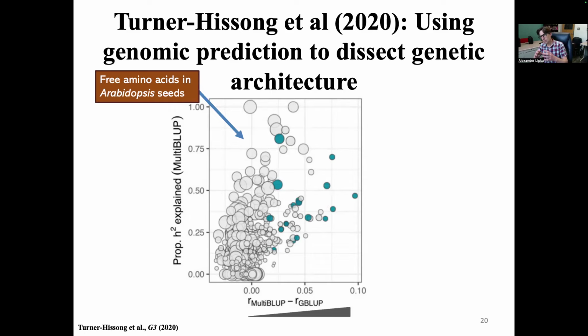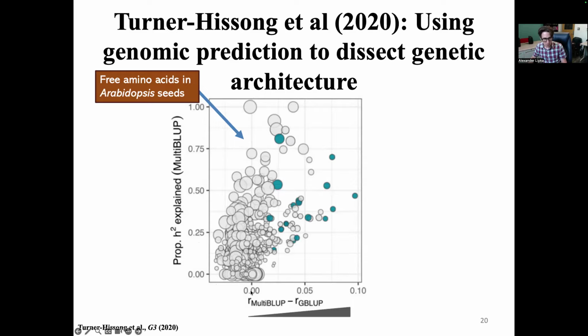So each circle represents a different set of orange dots on the Arabidopsis genome, okay? So for each of these circles, we compared a multi-BLUP model with a G1 and G2 that partitions markers along the lines that I've shown previously, and it compares it to a standard GBLUP model.